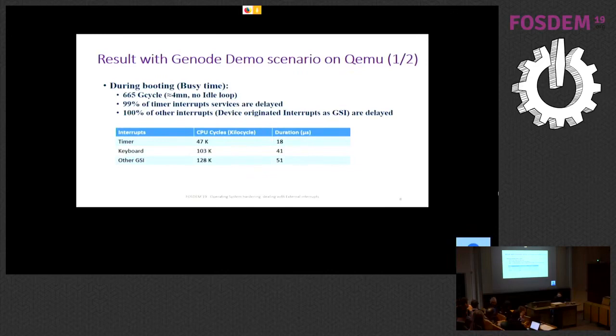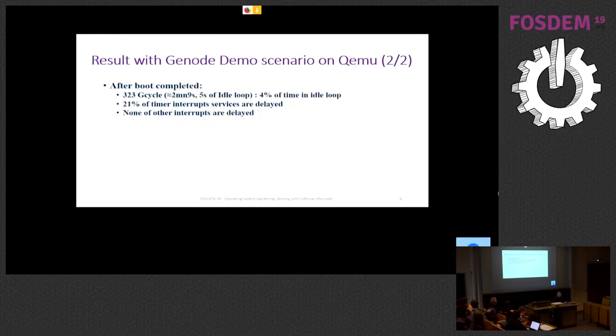After the system booted completely, we let the system run with an idle user, and the overall result was that only 20% of timer interrupts were delayed, whereas none of the other interrupts were delayed.